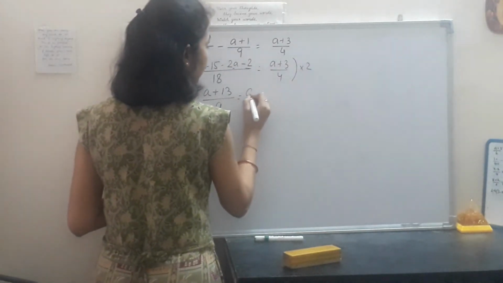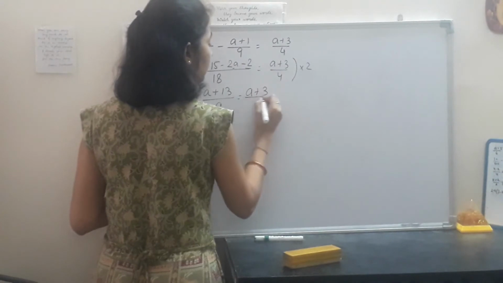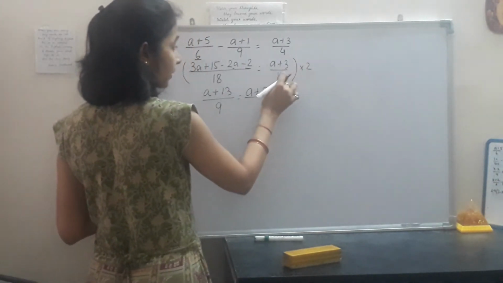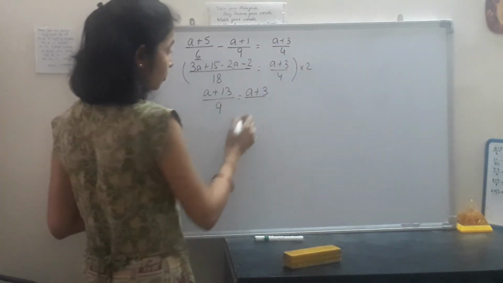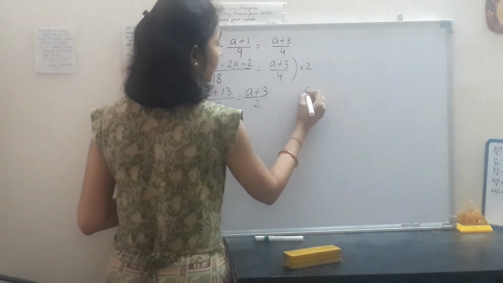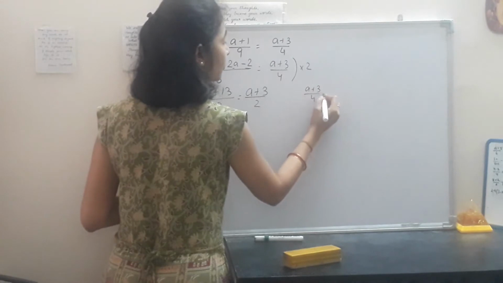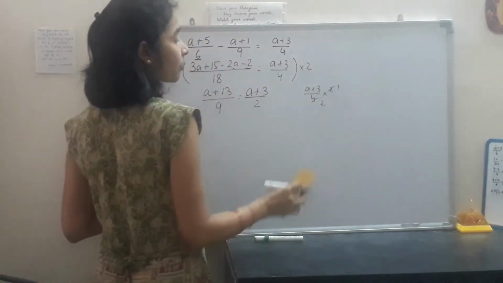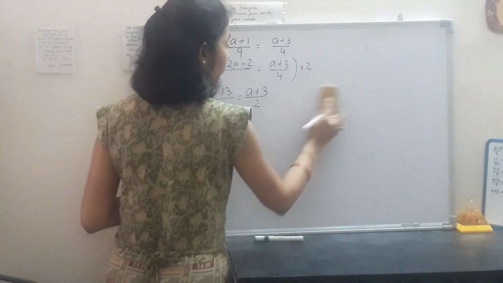The numerator remains the same because we have not changed the numerator, but we have multiplied the equation by 2. So 4 changes into 2, and we get a plus 3 upon 2.